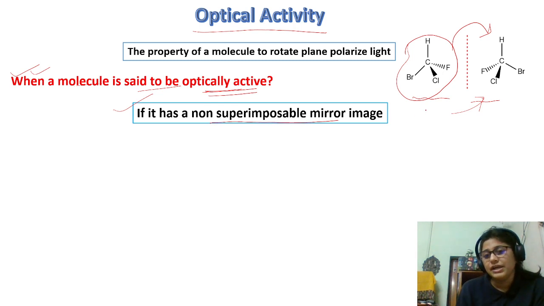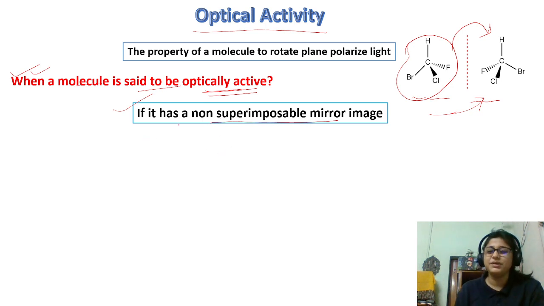So this will not superimpose on this, so it will be optically active. But if I have a question asking whether a molecule is optically active or not, will I take a mirror, imagine the mirror image, and place it over the molecule? No, right?